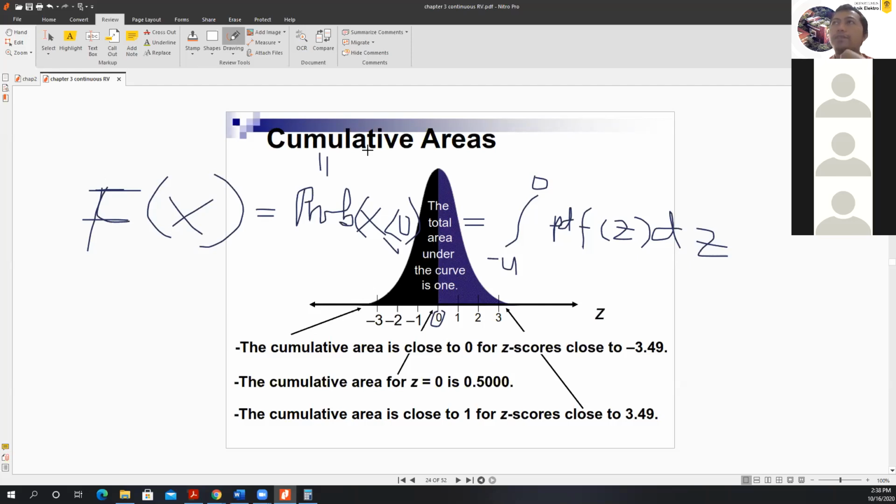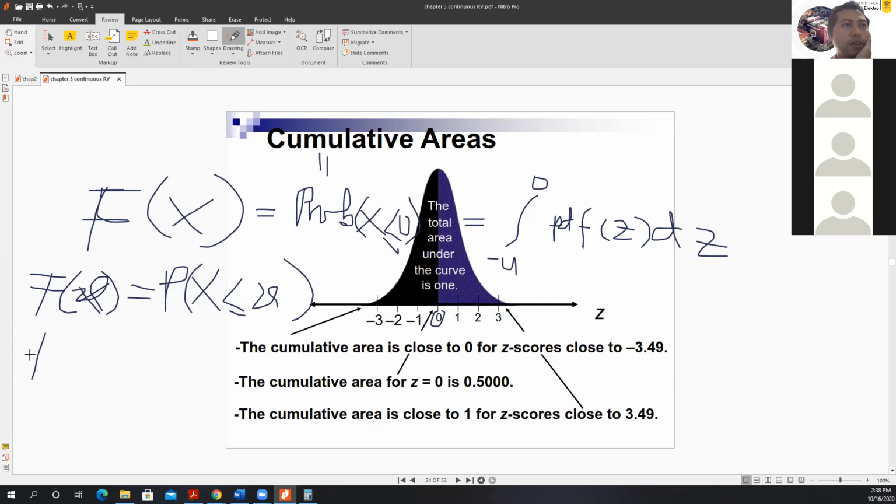You remember the cumulative distribution function for the discrete case, the probability that X is less than or equal to x. In the same way, the cumulative for a continuous random variable is also the probability of X less than x.